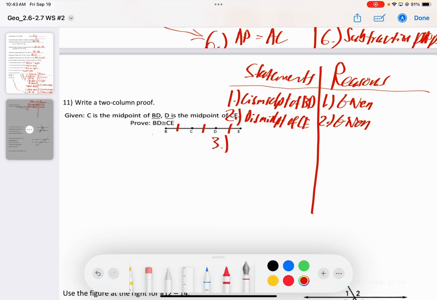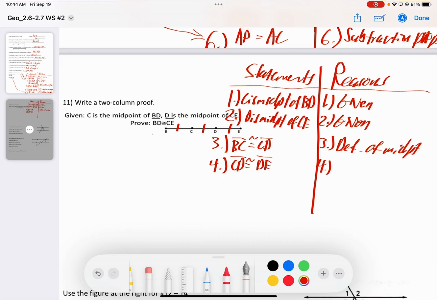He said BC is congruent to CD, definition of midpoint. And then for 4, I don't have to do a separate statement, but I'll do it anyway. CD is congruent to DE, and again, definition of midpoint.